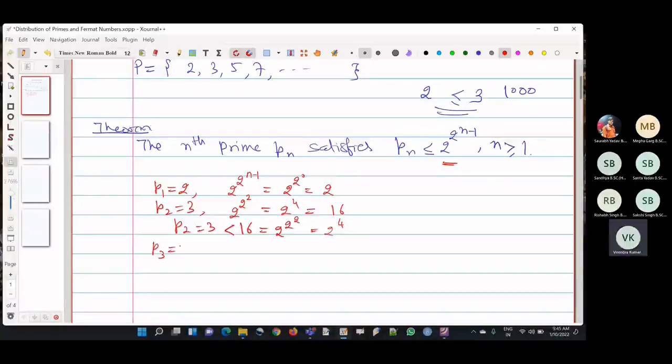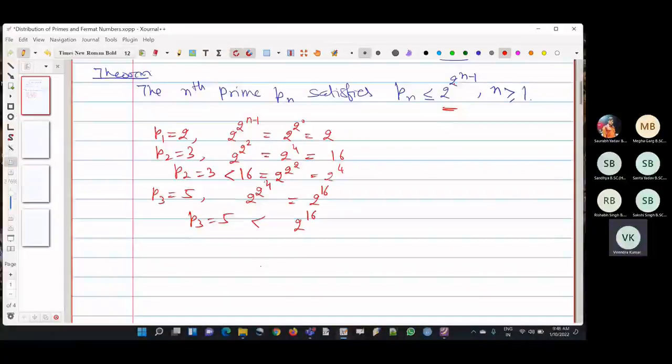Let us see more. P3 is 5, and the bound is 2 to the power 2 to the power 2, that is 2 to the power 4, which is 16. There is a huge difference between P3, that is 5, and this bound.